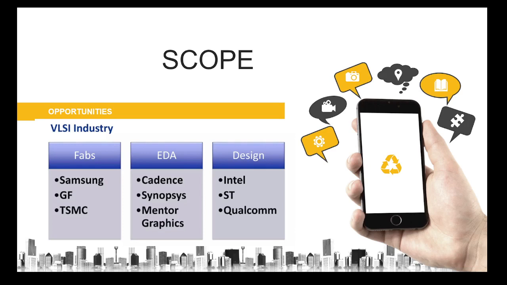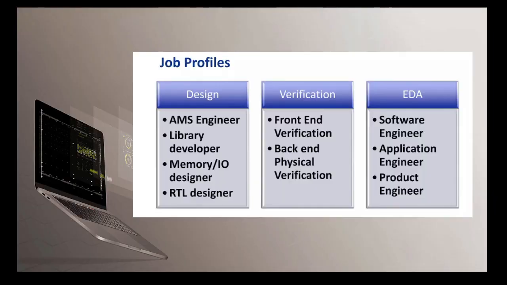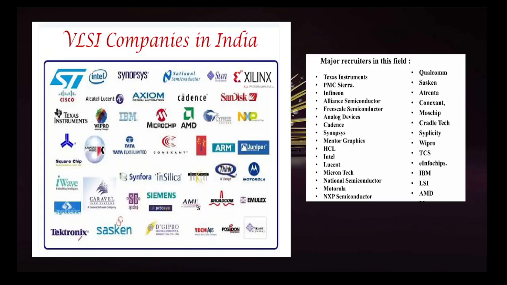And the scope: it has wide opportunity with respect to fabrication, like Samsung, GF, Taiwan Semiconductor Company; electronic design automation, like Cadence, Synopsys, Mentor Graphics; design, like Intel, Qualcomm. Job profiles: AMS, analog mixed signal engineer, library developer, memory input output designer, register transfer level designer, verification, front end and back end, EDA, design automation tools, software engineer, application engineer, product engineer.